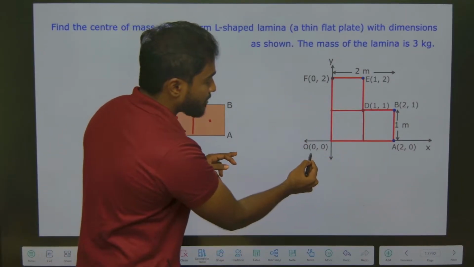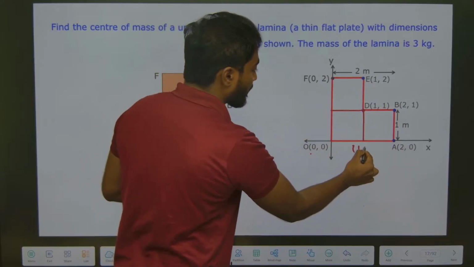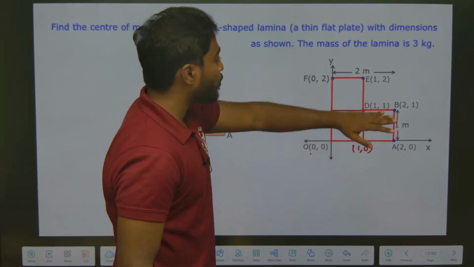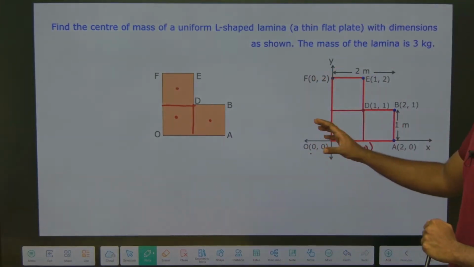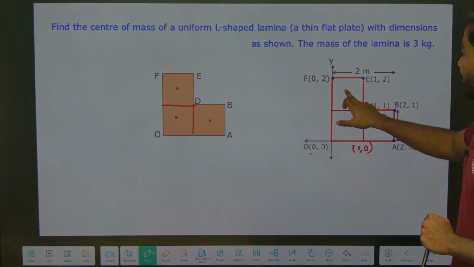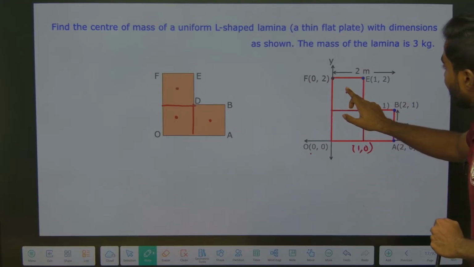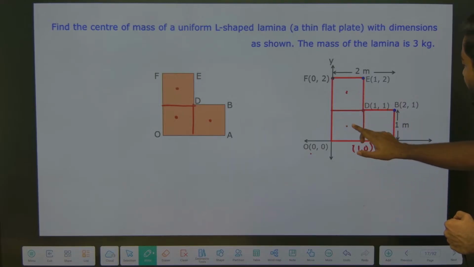The given coordinates are 0, 0; 2, 0; 1, 0; 1, 1; and 1, 2. For a lamina, the center of mass lies at the center.